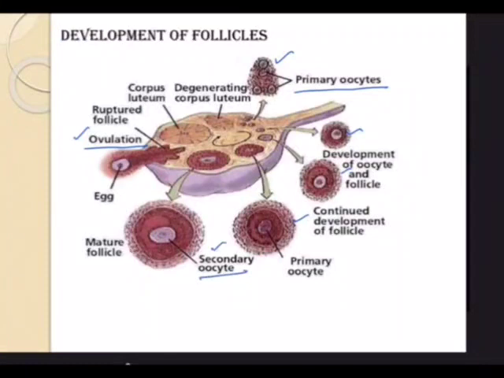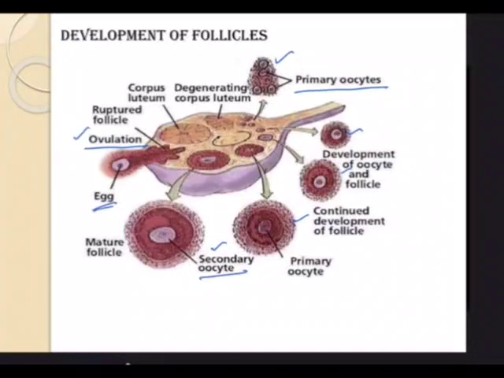We call it a Graafian follicle. So primary follicle, secondary follicle, Graafian follicle, and inside, the primary oocyte becomes a secondary oocyte, which matures, becomes an egg, and this egg gets released. This process is ovulation.